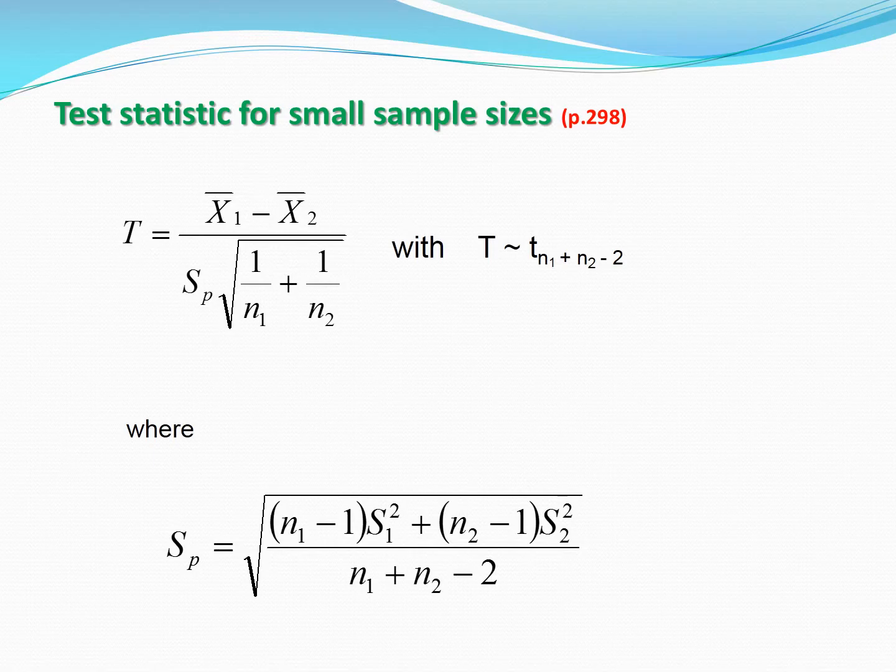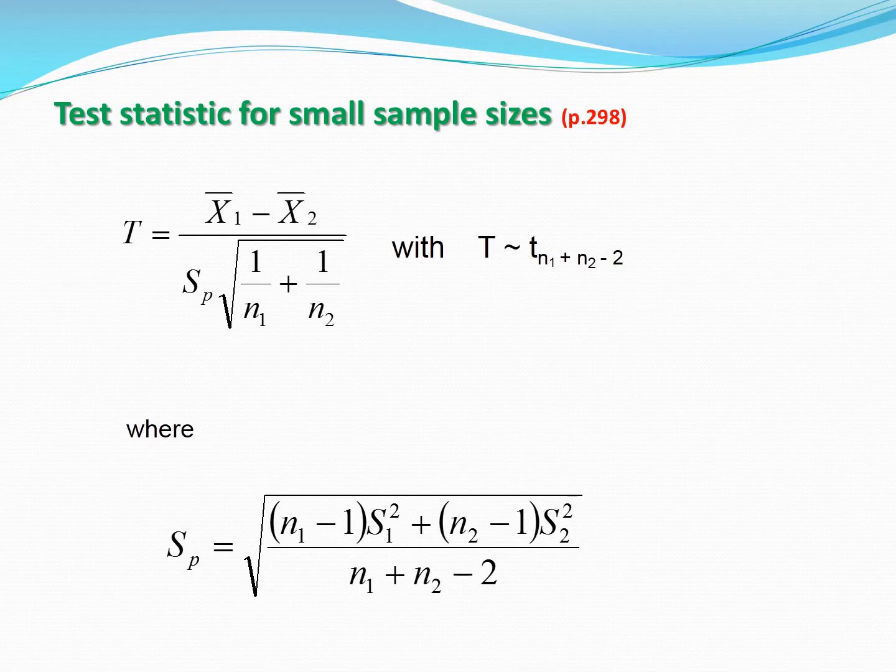The formula for SP is given by this, where N1 is your first sample size, N2 is your second sample size, and then S1 squared represents the variance for the first sample, and the second value is the variance for the second sample.